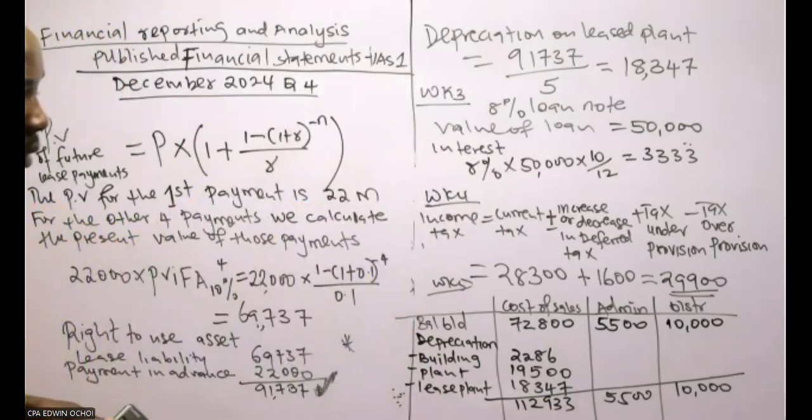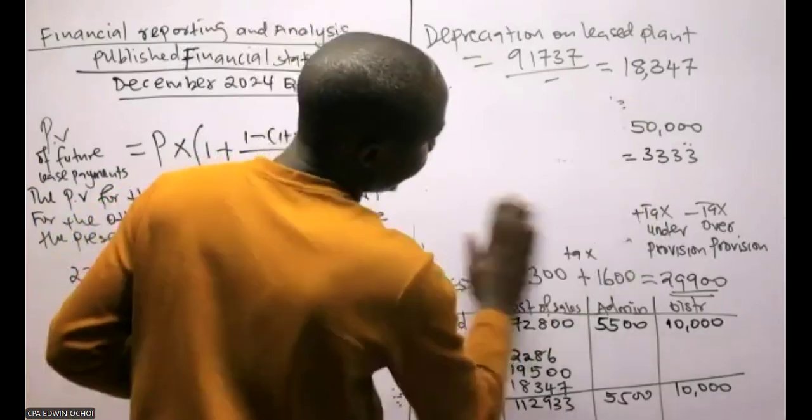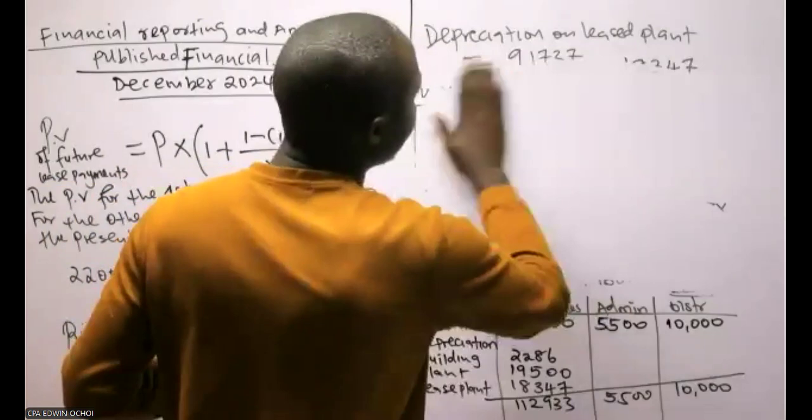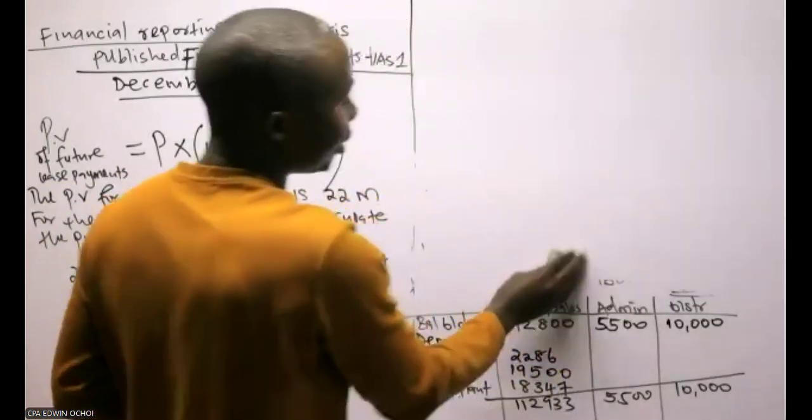Right. So let's finish this working. We never finished this. After doing this, we needed to determine the interest. So I will clear this. I needed to do my analysis.